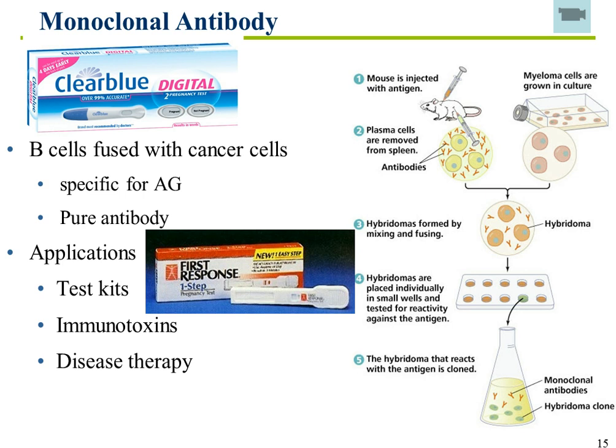For example, in the pregnancy test kit, you look for HCG, or human chorionic gonadotropin, in the urine of a pregnant woman. Another diagnostic test use for these antibodies is diagnosis of AIDS in the ELISA test. So, test kits, things like that.